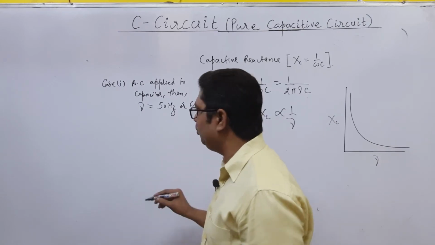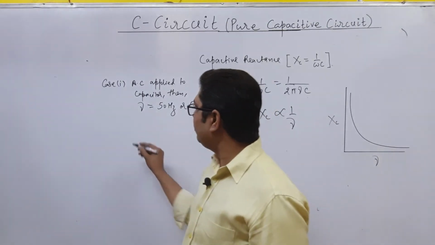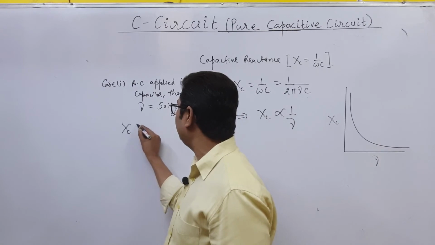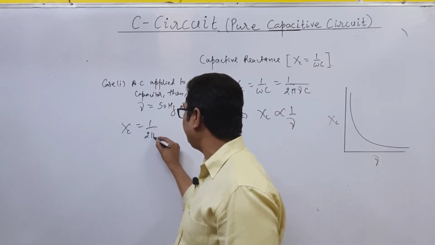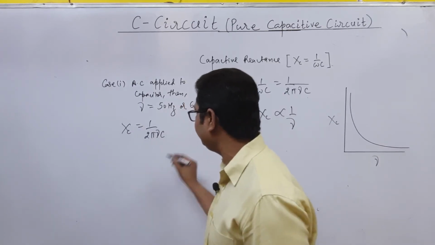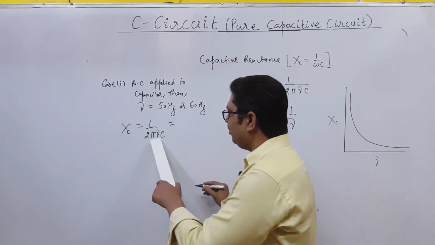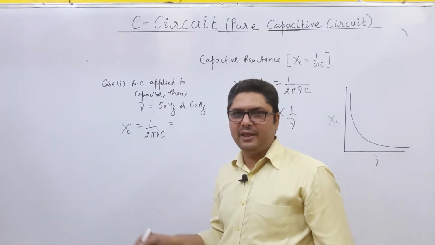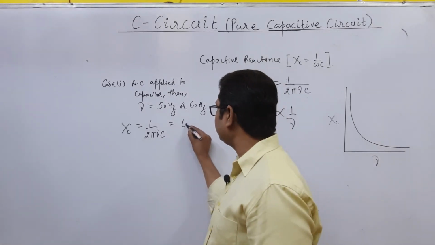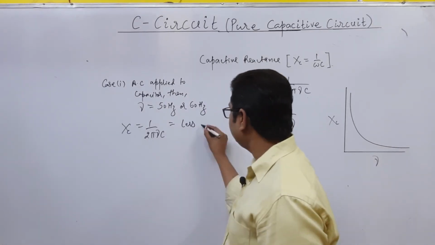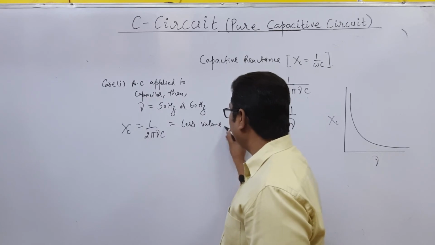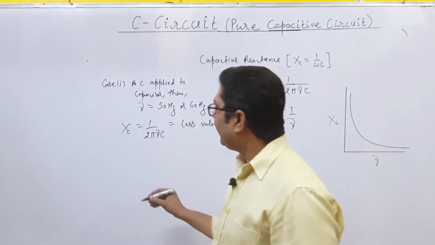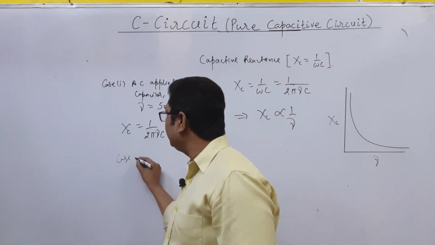This means that nu is not 0, and the formula is Xc equals 1 by 2 pi nu C. So if I put the value of nu, that is 50 or 60 hertz, then the Xc value will be decreased. So this is a less value.